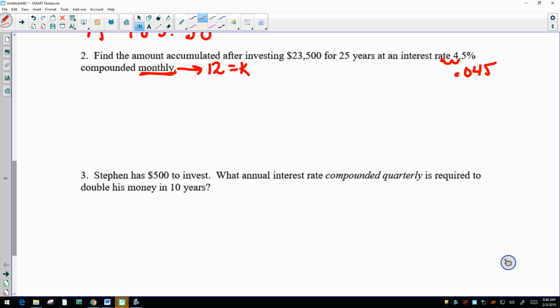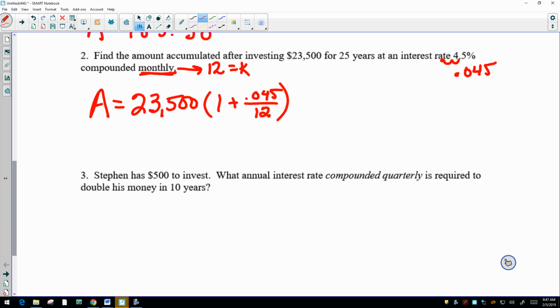Okay, so again, we're finding that amount. I'm looking for my total after all of the compounding. Principal value is 23,500. We have 1 plus our rate, 0.045, divided by the number of compounding times, which is 12. And then we're going to raise that to the 12 times 25, so kt.